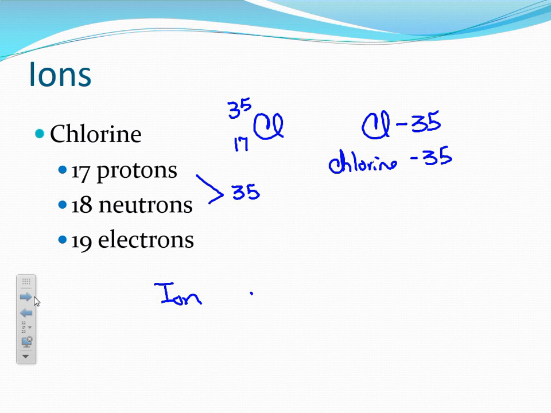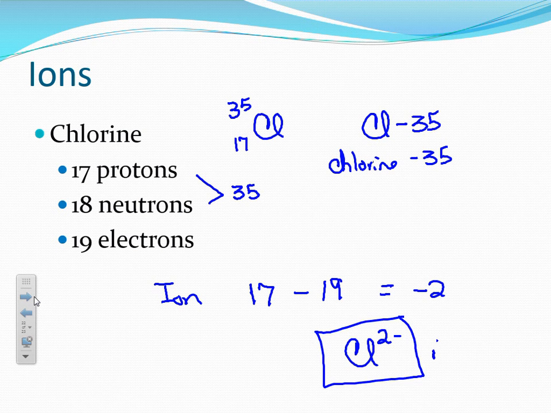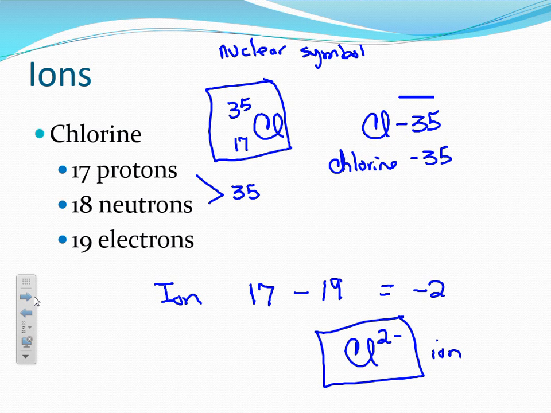Take your protons, 17, minus 19 electrons, and we get a -2 charge. So you'd have Cl 2 minus. You do change where that minus sign is. And this would be the ion. Remember, this is called the nuclear symbol. This is called hyphen notation.